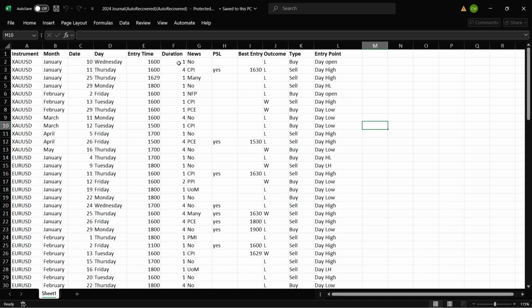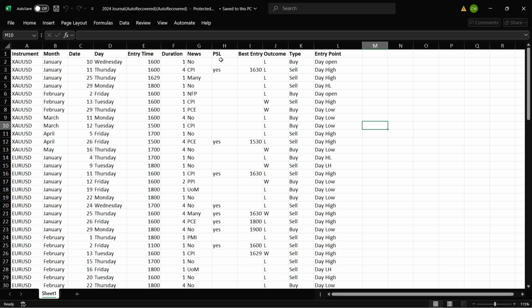Usually mine, if it's one, it's either 1 hour or below 1 hour. Then news events, because my system mixes fundamental with technical, so I also take into account the news events at the time. At the time of this trade, there were no news events being released.